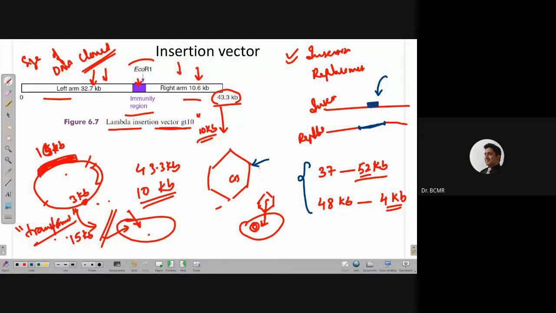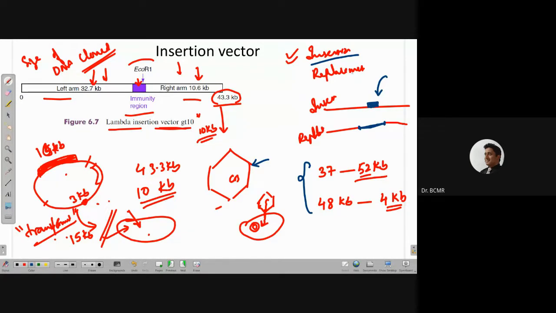That is where we discussed how insertional vectors can only be used for cloning smaller fragments, somewhere around 5 kb. 5 kb fragments can also be done in plasmids. Then why use phage vectors?